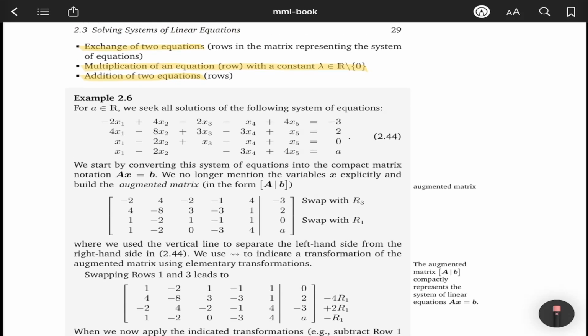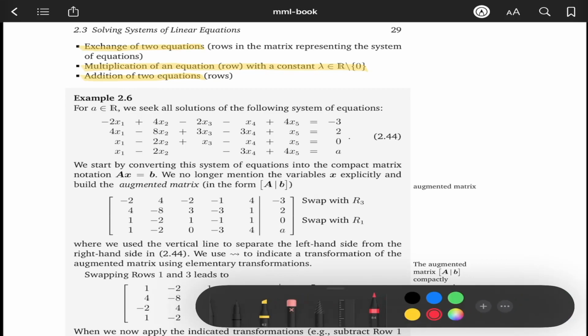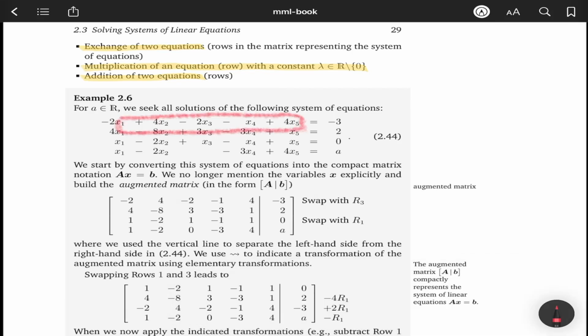Okay, they gave us here an example, 2.6. For a element of the real number set, we seek all solutions of the following system of equations. Let's first check what we have. I can see that we have 5 variables x here on the left side: 1, 2, 3, 4, and 5.